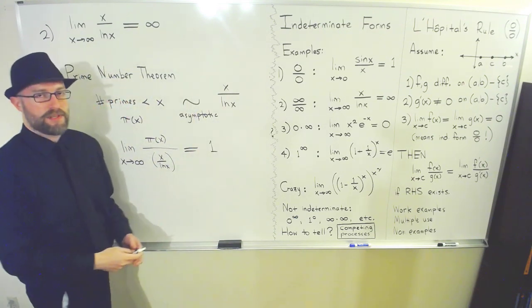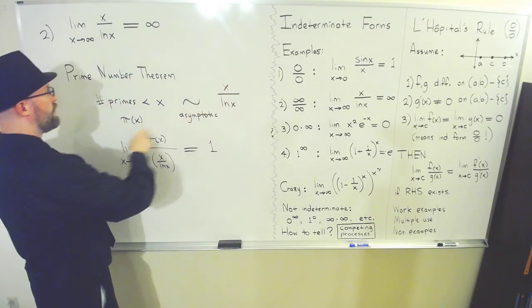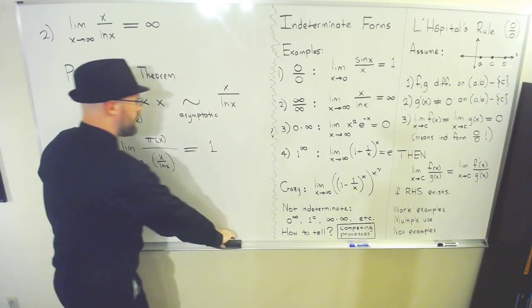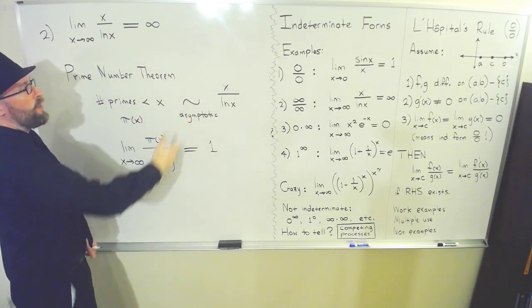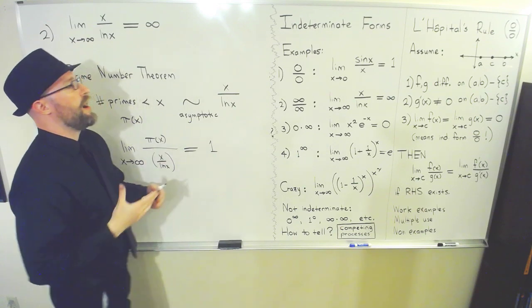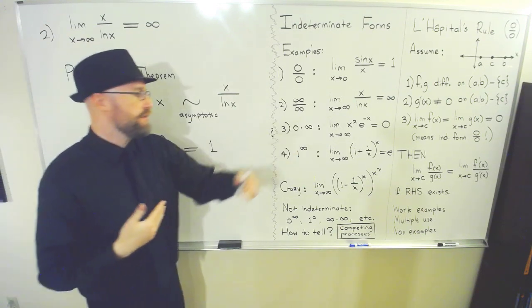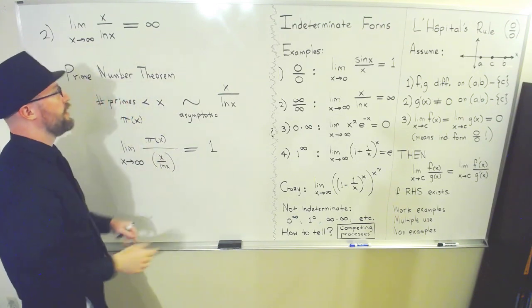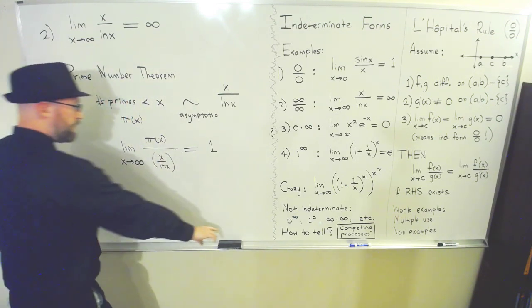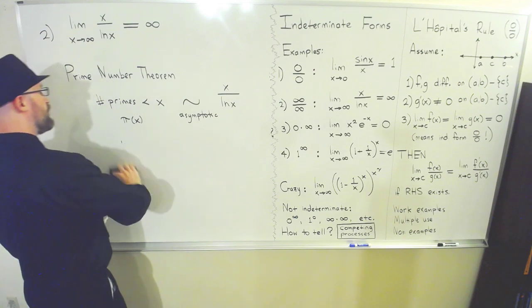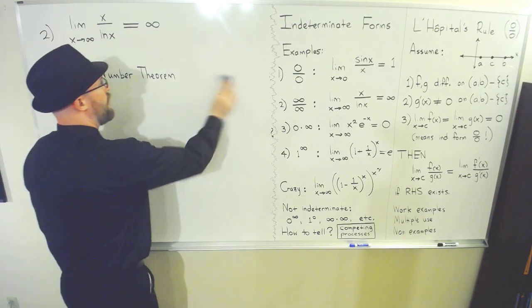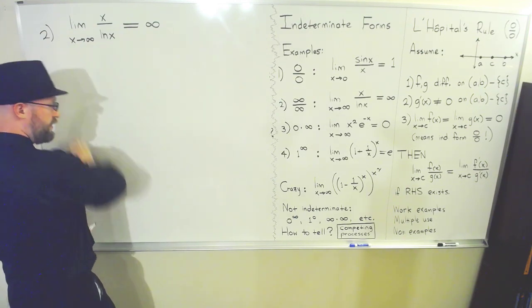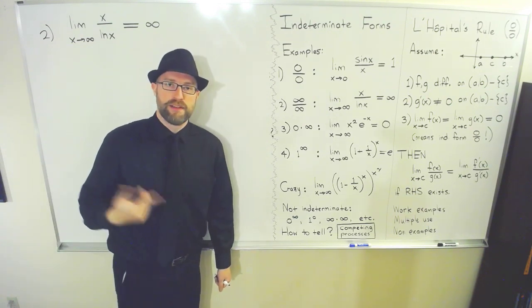It means they're about the same size. It means this function grows about as fast as the prime counting function grows. And so if I want to tell how many prime numbers there are less than a certain number, then I can use this as a reasonable estimate in many contexts. Well, the ancient Greeks knew that there were an infinite number of prime numbers, and that's actually quite easy to prove. The prime number theorem is not easy to prove.